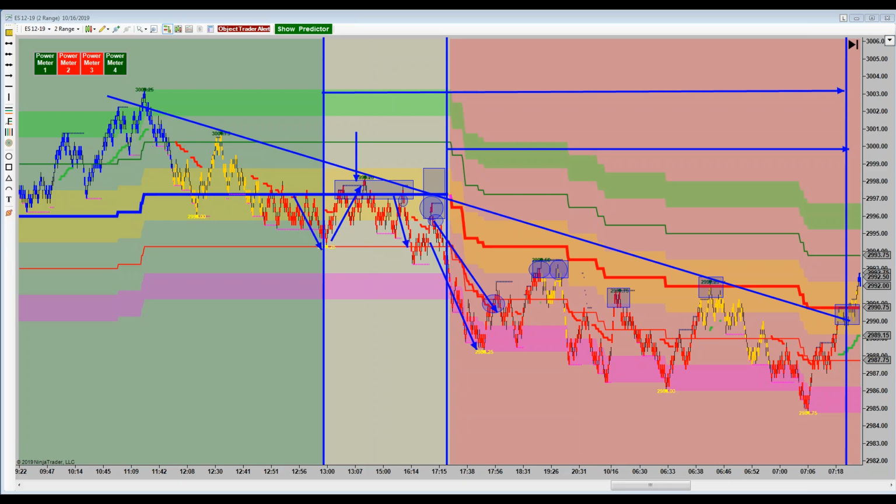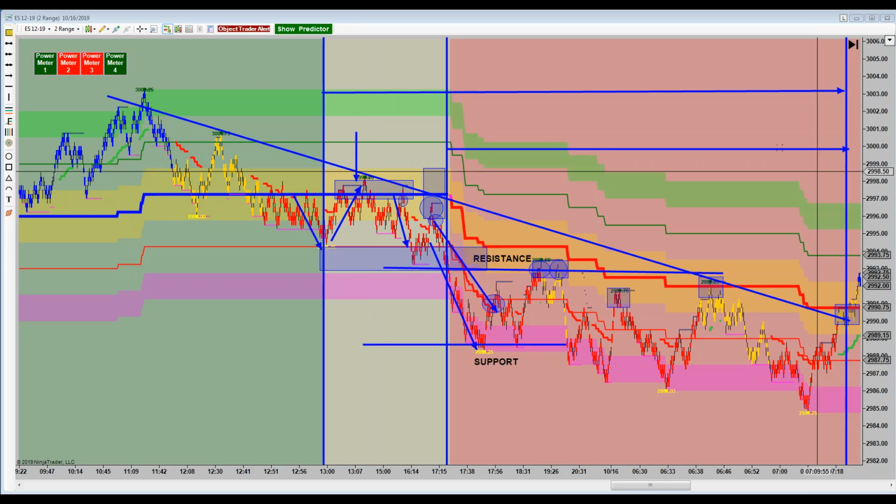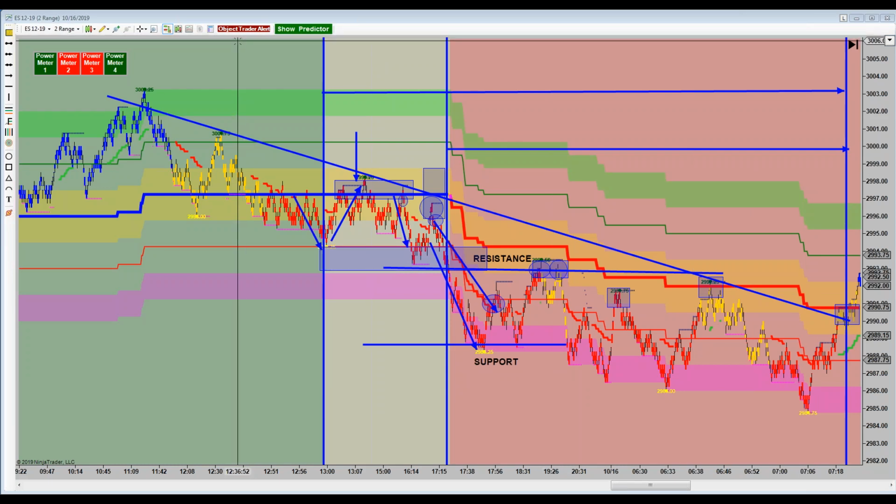Let me see if I can show you like this. Let me use my cursor to show this. I think I was paused momentarily, so let me go back and correctly show you here. Support is always below the current price. Resistance is always above it. So if you're in here, support is here, and resistance is here. Prior support areas, like over here, tend to then become resistance areas.